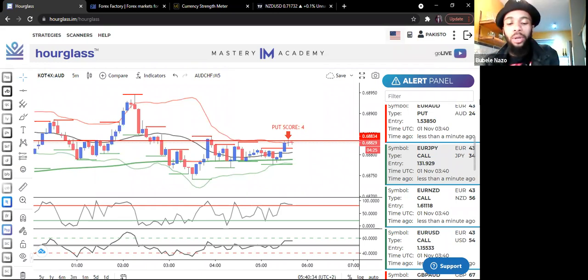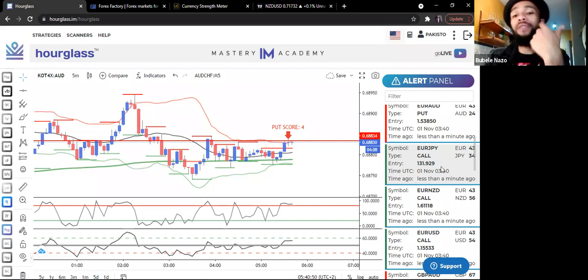And what you want to do is go back and backtest. See, backtesting is just checking what price has been doing previously, how price has actually been moving, because you can predict where price is going to move forward based on where price has been before, right?